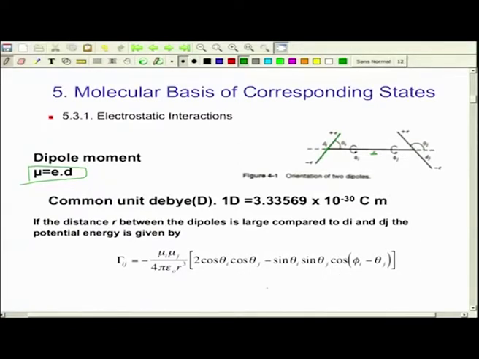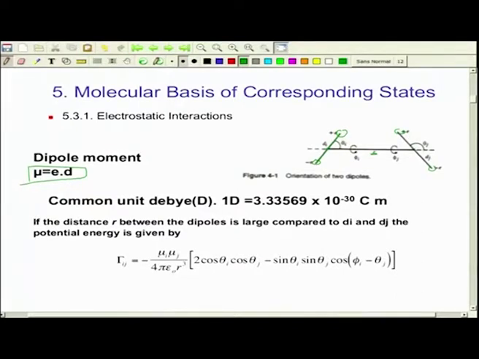Now what we can write is, if you do this calculation using the Coulombic interaction and sum up all possible interactions, because you have charges here, here, here, here, so there are many possibilities.